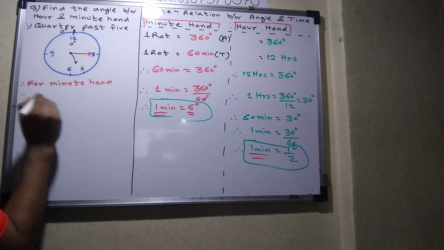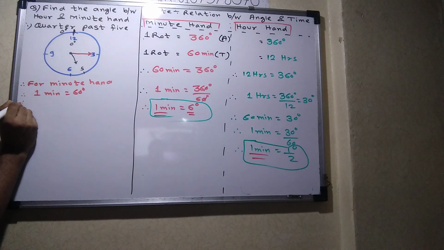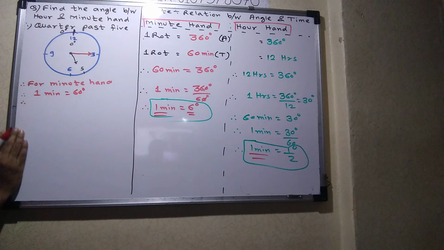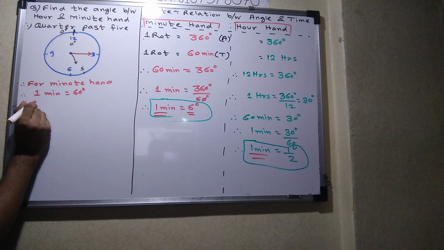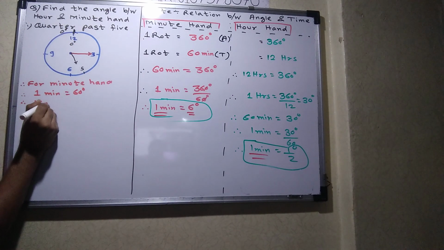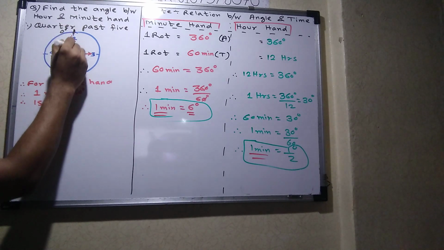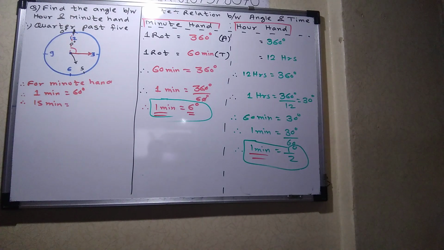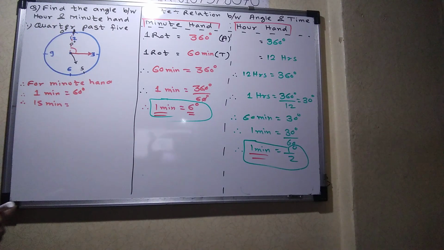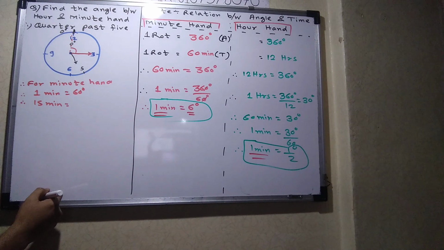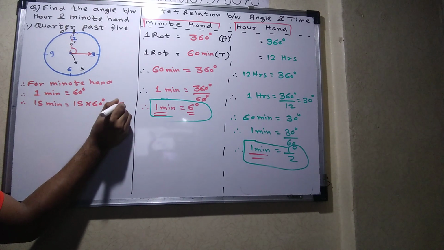For 1 minute, the minute hand covers 6 degrees. So for 15 minutes, what angle will be made by this red hand with this? 15 multiplied by 6 degrees.